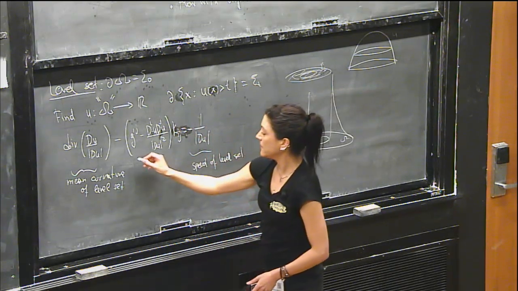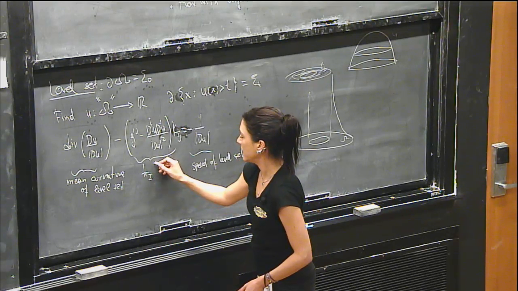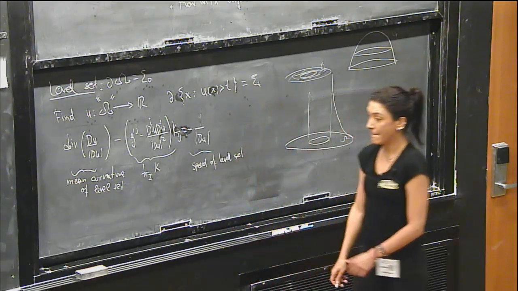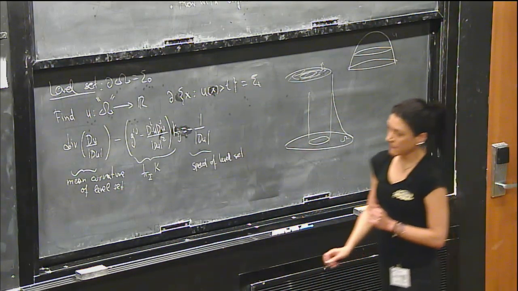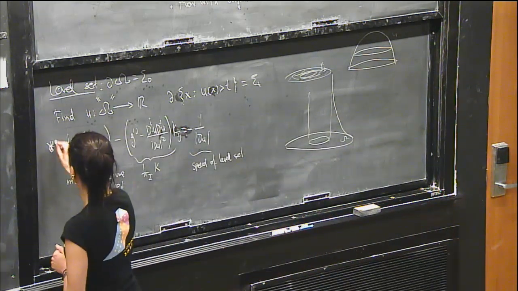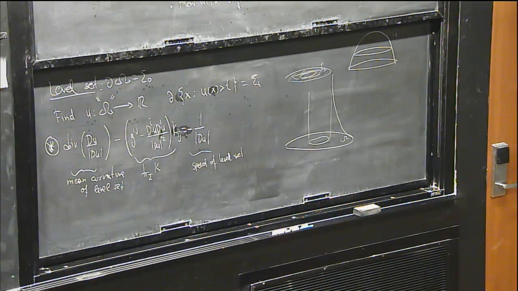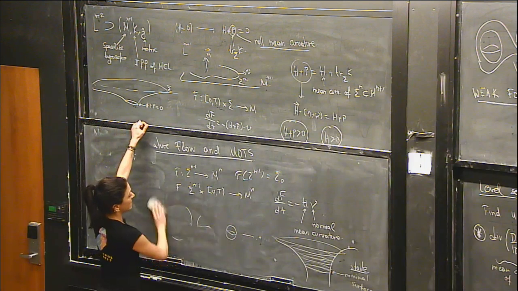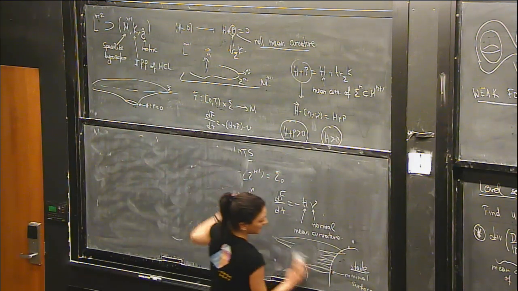So this is the trace over sigma, the level set, of k. All right, so this is the equation that we want to look at. Let me write a star. Okay, so we hope to solve this equation.